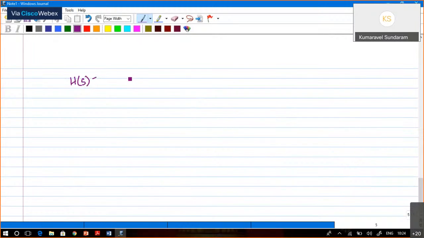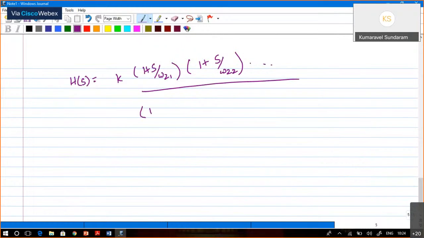In control systems, H of S equals A times 1 plus S by omega Z1, 1 plus S by omega Z2, etc., divided by 1 plus S by omega P1, 1 plus S by omega P2. This is the transfer function of a system. So we should correlate our circuits to this transfer function.